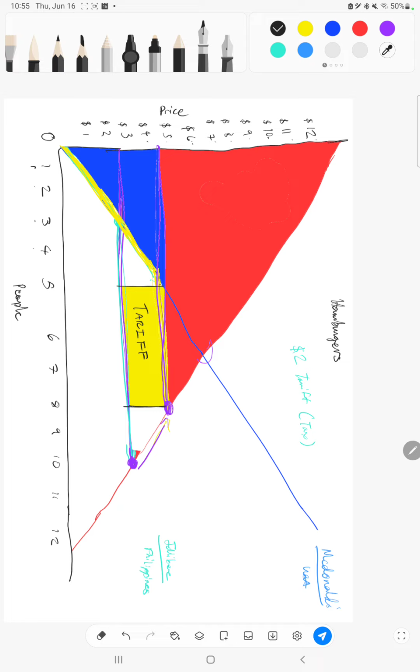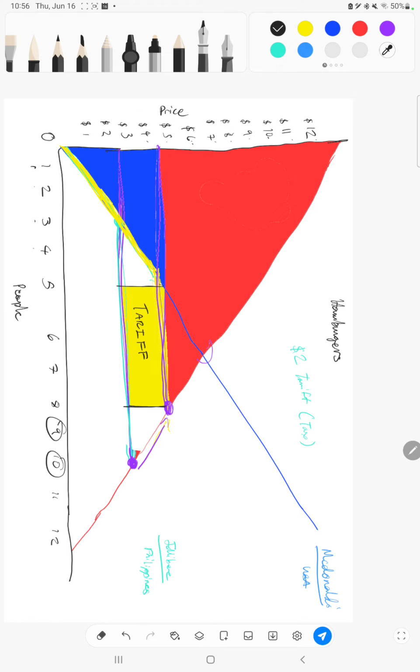But you might be wondering, we have two areas right here that are not going anywhere. Why don't they go to taxes? Because it doesn't. And I'm going to show you why. So this right here, we used to have customers 9 and 10.